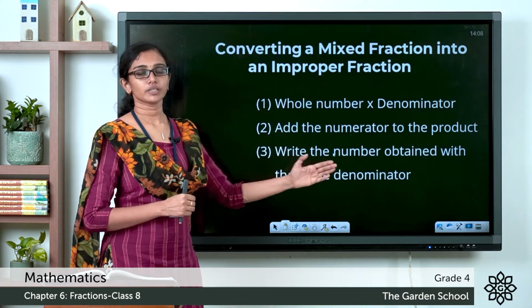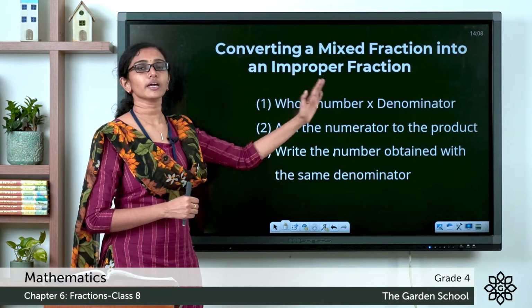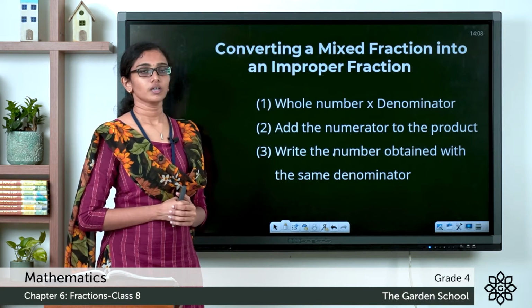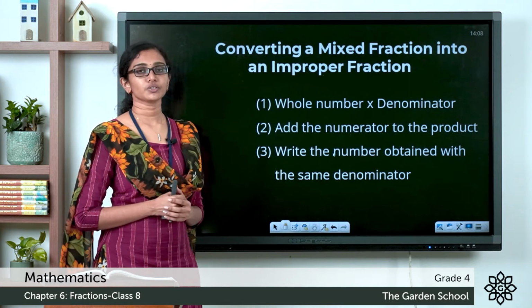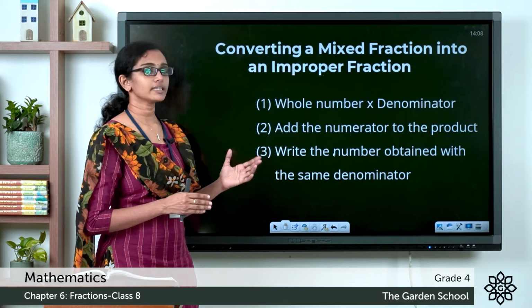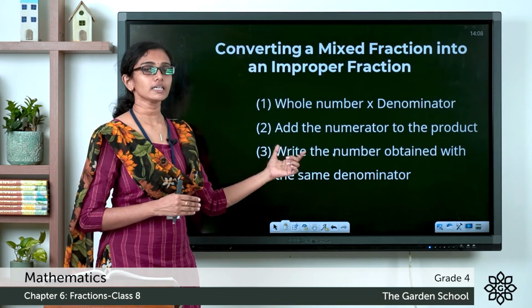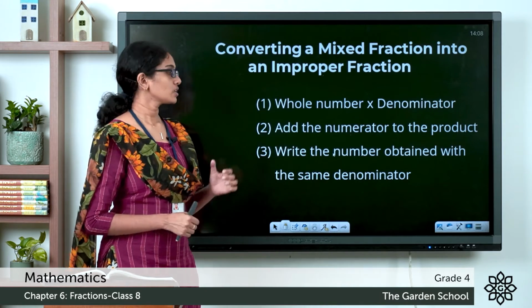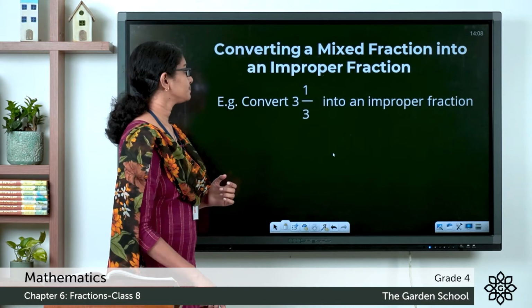Multiply the whole number with the denominator, then add that product to the numerator. So the new number obtained is your numerator for the improper fraction and you write the new numerator with the same denominator. So let's see that with an example.